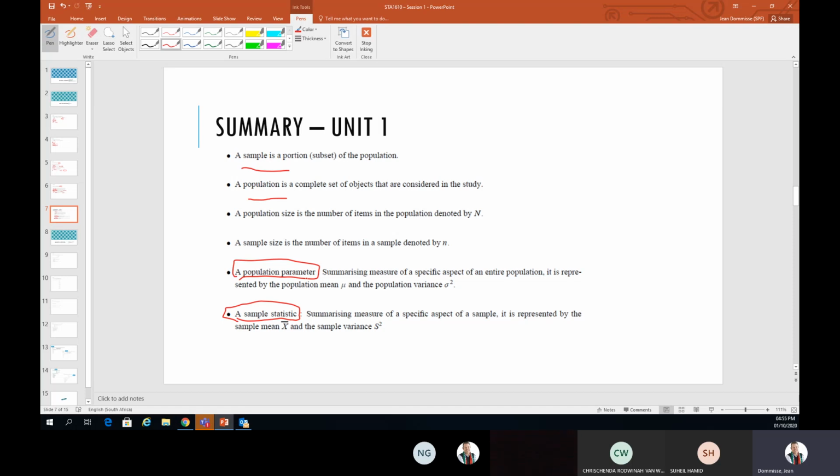If there is one more question around it, then they will split it out into one on sample statistic versus population parameter, one on types of variables, and one on levels of measurement. That is basically what they can ask around study unit 1.